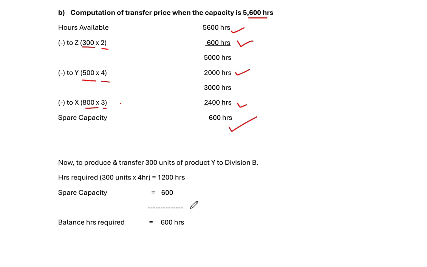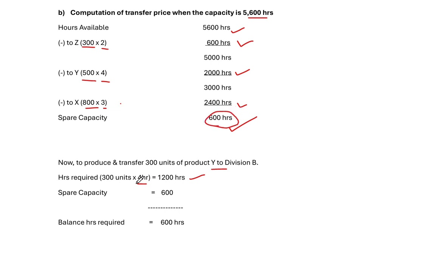Now division B wants 300 units of product Y. Each unit of Y requires 4 labor hours. So total hours required for 300 units will be 300 into 4, 1200 hours, and we are left with spare capacity of 600 hours.